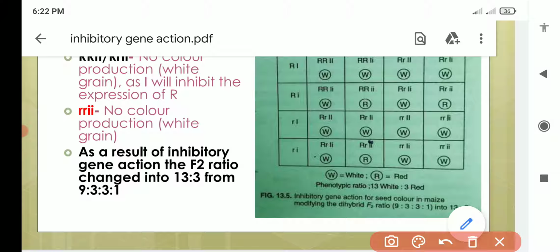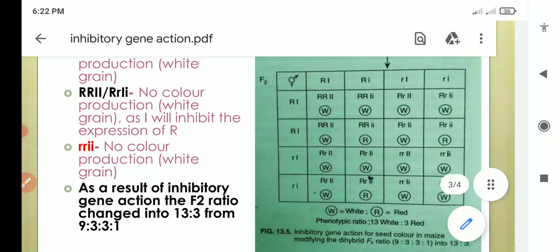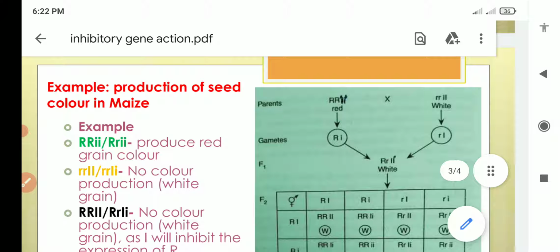So ultimately the 9:3:3:1 ratio will change into 13:3 in case of inhibitory gene interaction, because of the interaction of the alleles of two genes affecting a single trait. These capital R and capital I, two genes, are producing seed color in maize.